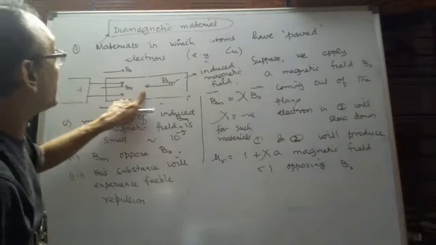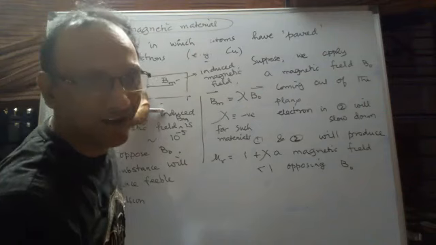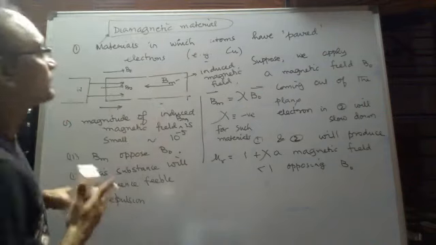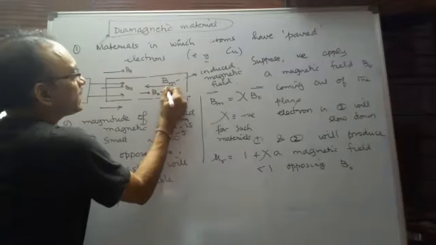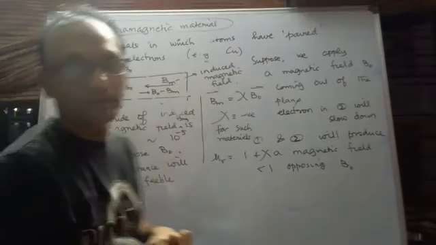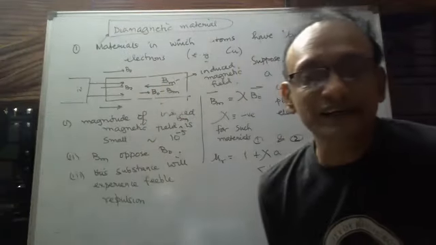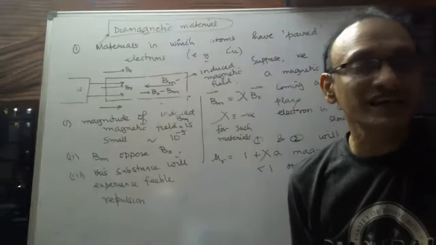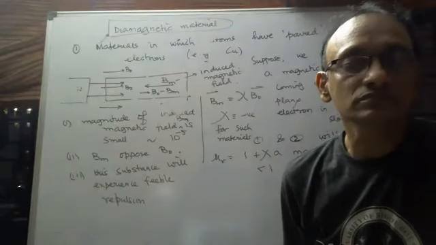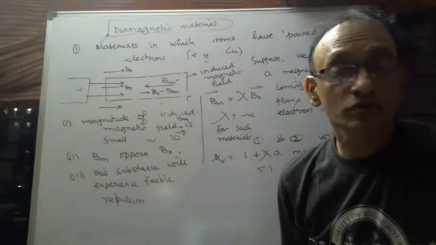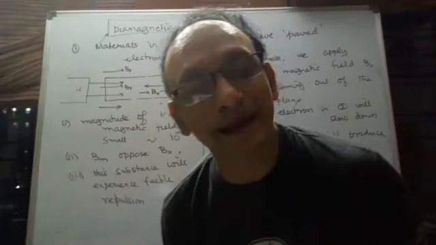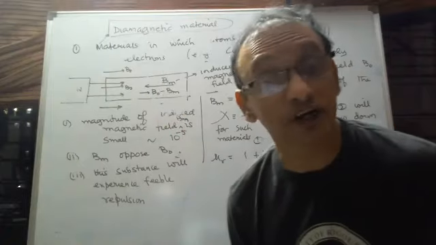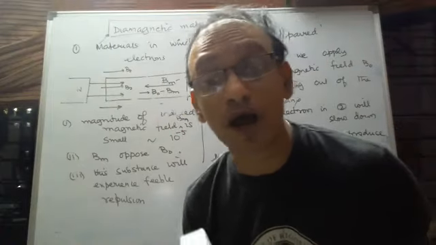इसमें तो नेट मैग्नेटिक फील्ड अंदर B नॉट से कम होगा. Net magnetic field will be B naught minus Bm. Such materials exhibit what we call diamagnetism. ये किन मटेरियल में होगा?